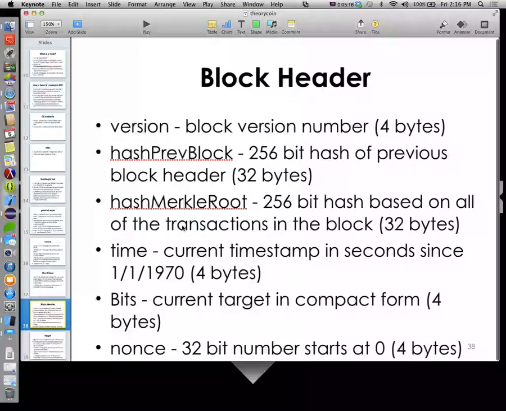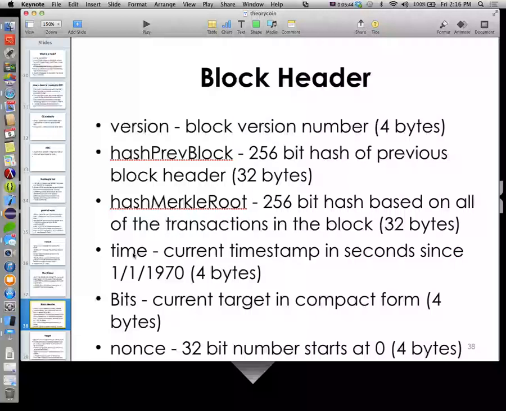So this is the stuff that goes into a hash. The version number is a fixed number that the miner can't change. The hash of the previous block is also a fixed number we can't change. Then there's something called the Merkle root, which represents the current block itself, more its header information as opposed to the actual data within it.